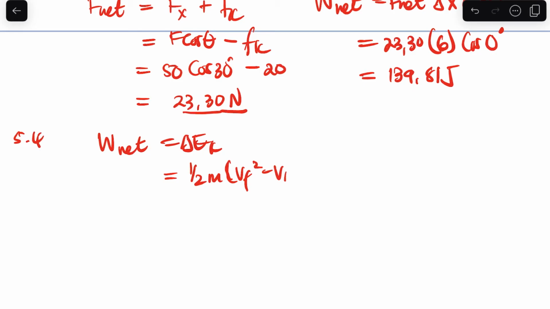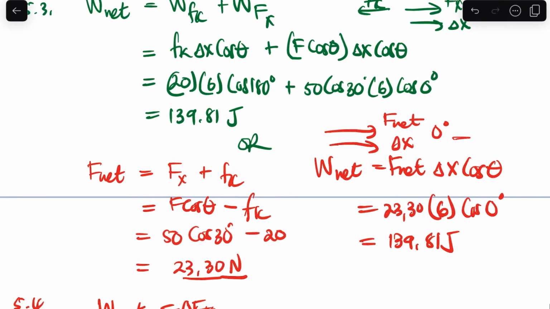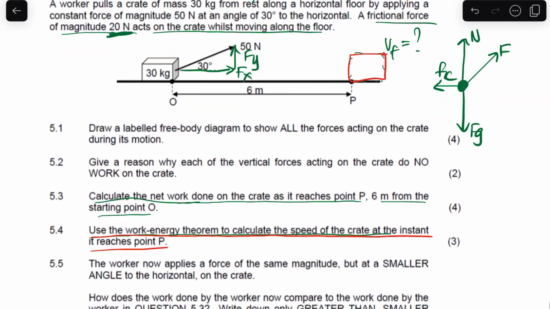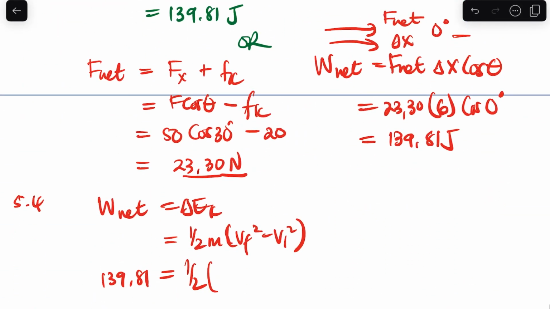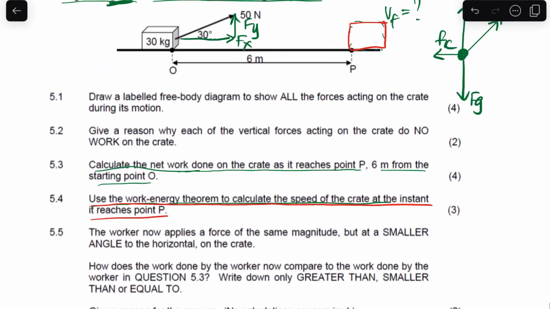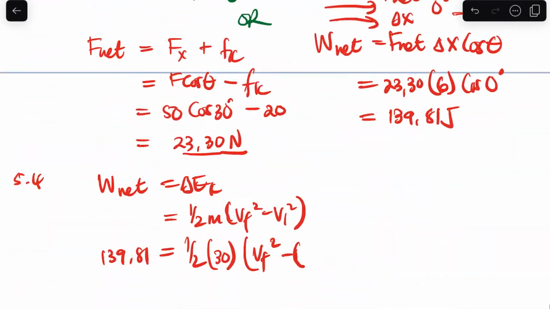v squared minus v initial squared, and then when we substitute, you substitute the net work done, and then the mass of that object. The mass is 30 kg, so it's half of 30 times v final, which is the one we want. The initial velocity, it says it started from rest.